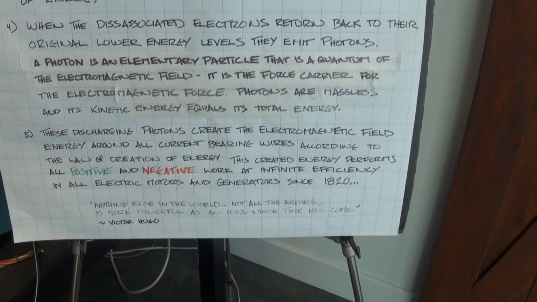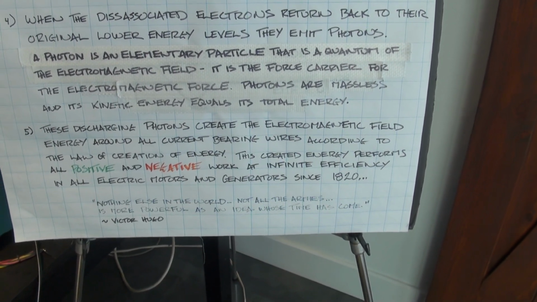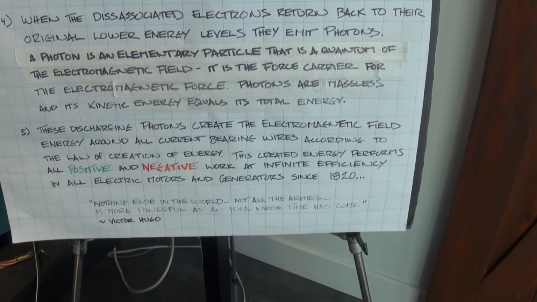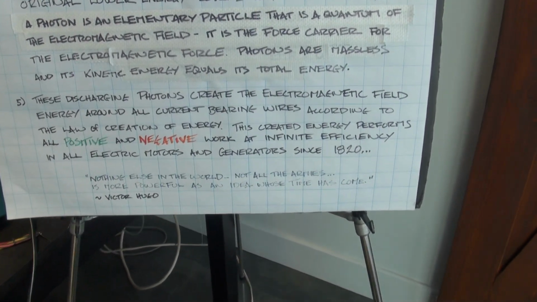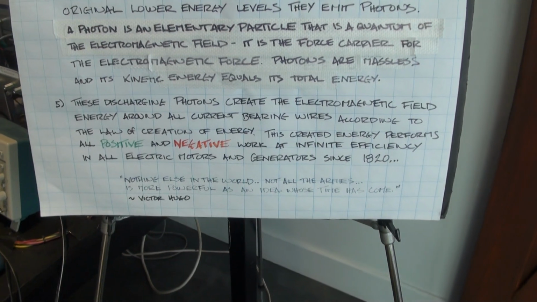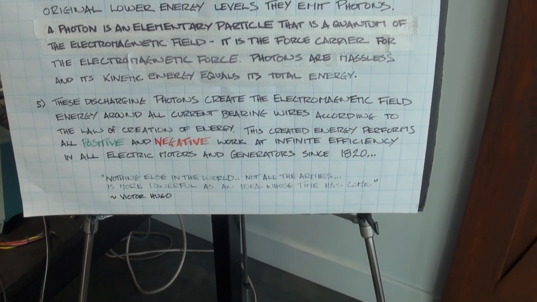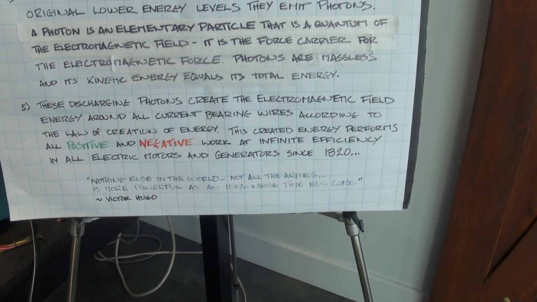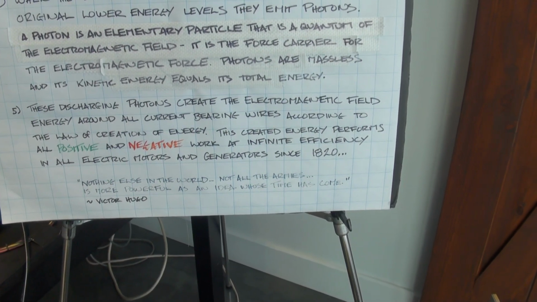It is the force carrier for the electromagnetic force. Photons are massless, and their kinetic energy equals their total energy. So these discharging photons create the electromagnetic field around all current-bearing wires according to the law of creation of energy.